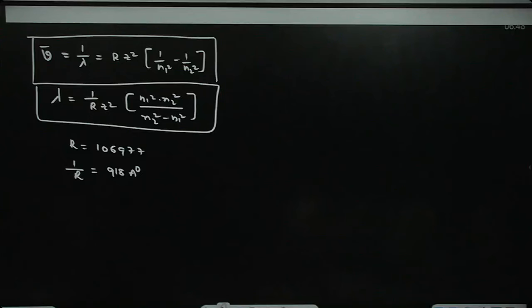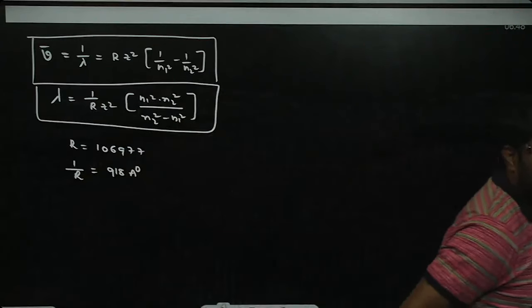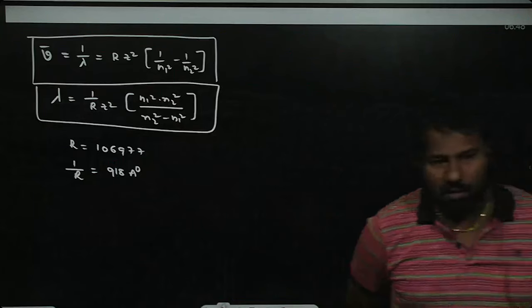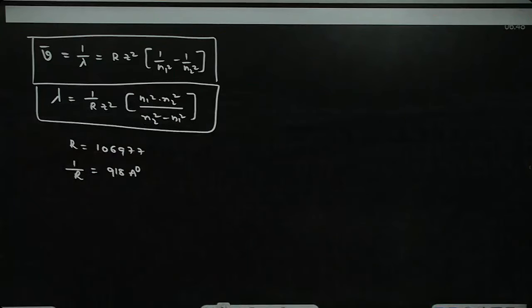Okay, the next. After the conclusion of Bohr's atomic model, there are again some demerits. So what are those demerits?